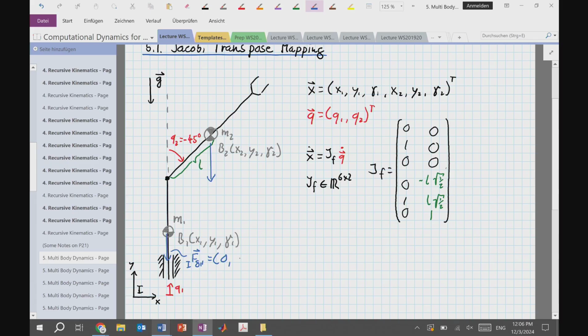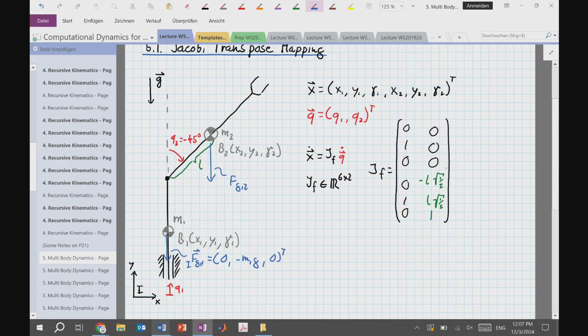So I have 0 in the x direction, minus m1 times g in the y direction, and 0 in the z direction.